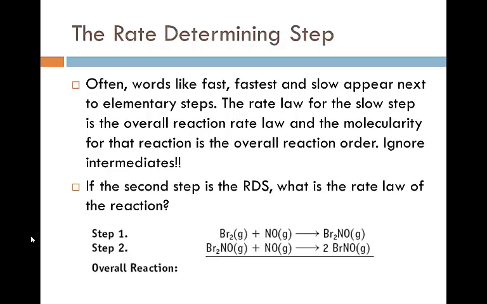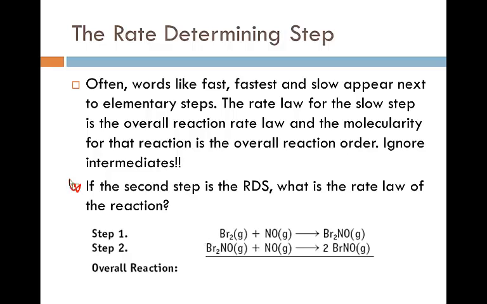So what we get here is the author of a specific problem will actually tell us what the rate determining step is. And by telling us that, we can actually come up with the overall rate law, because I showed you how we can come up with the rate law of an elementary step, but the most useful thing is we can get the rate law of the reaction if we know what the elementary step is that is our rate determining step.